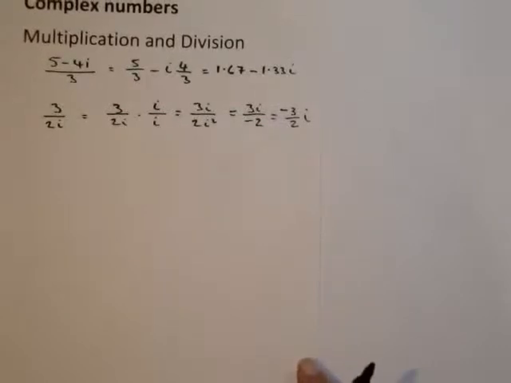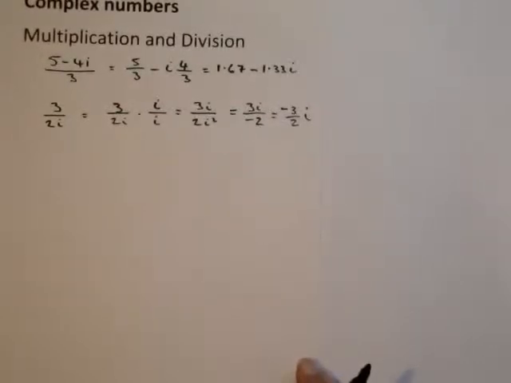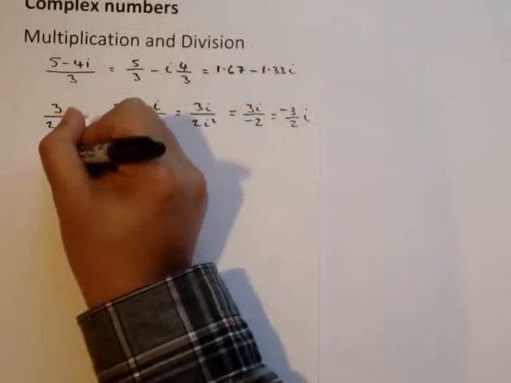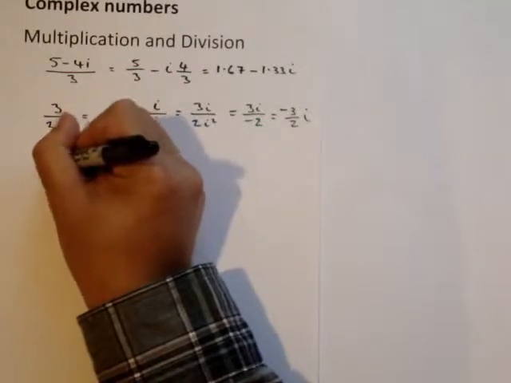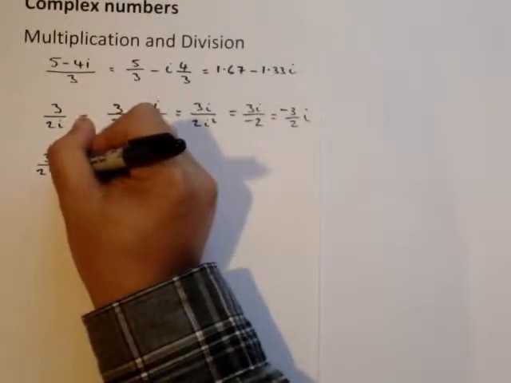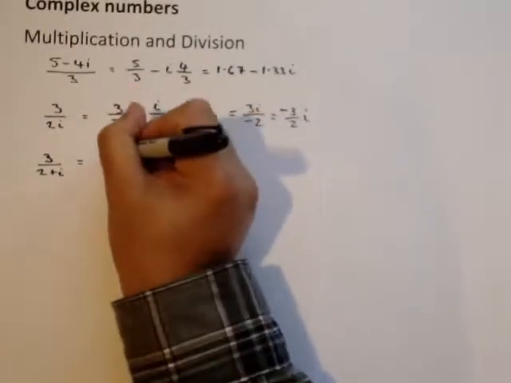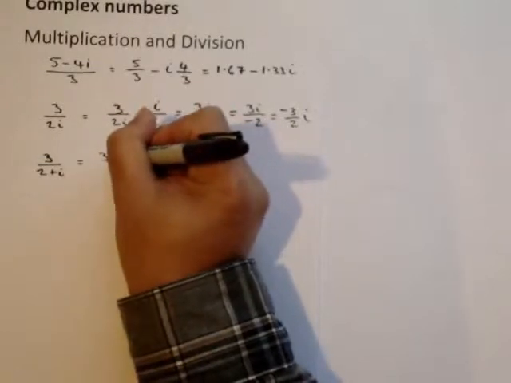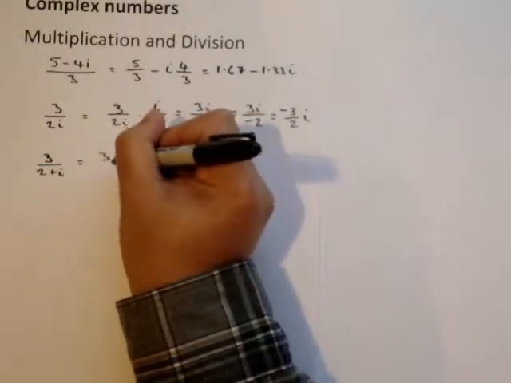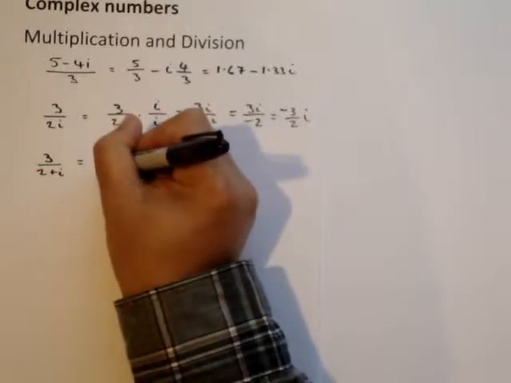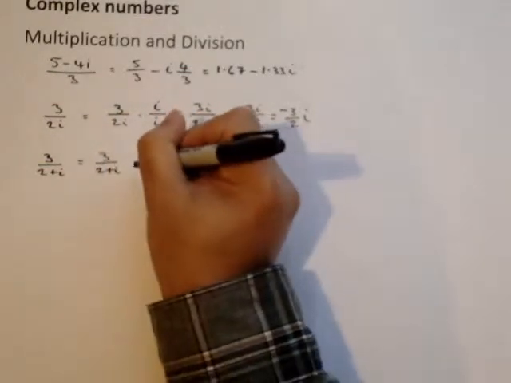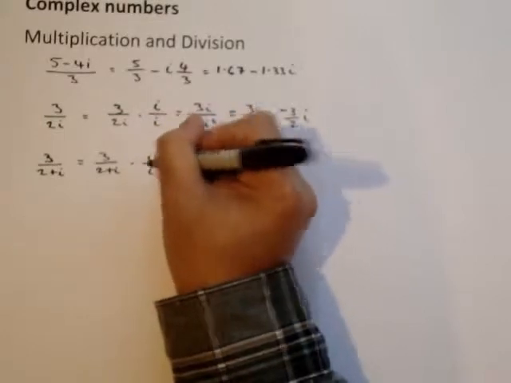Now things get slightly more complicated when we have a real number and an imaginary number as the denominator. For example, if we had 3 over 2 plus i, we get 3 over 2 plus i multiplied by i over i.